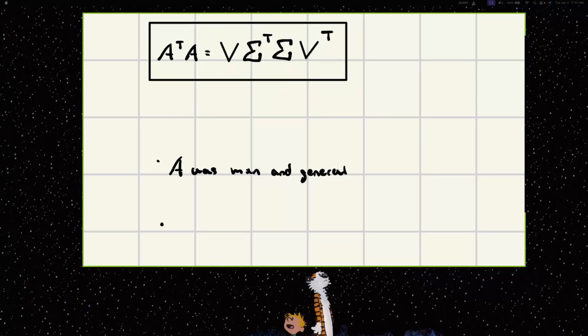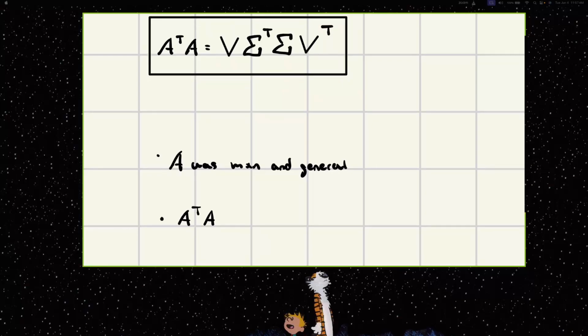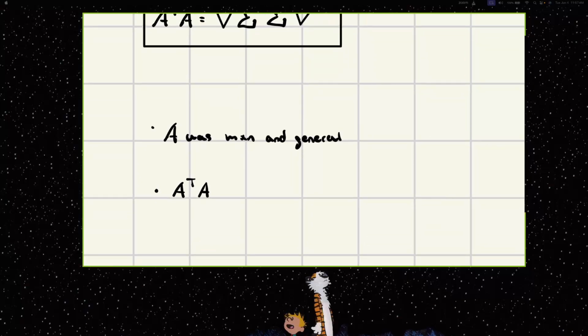But when we looked at A transpose A, this gave us what is generally referred to as a positive semi-definite matrix with orthogonal eigenvectors and positive eigenvalues.